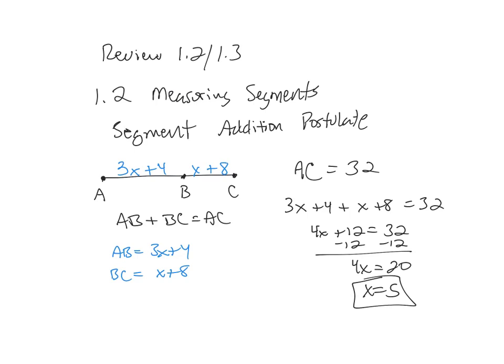So just make sure that you answer the question, because on a lot of these, the question wasn't solve for x necessarily. It might have been like, what's AB? So if AB equaled 3x plus 4, then you need to plug in the 5.